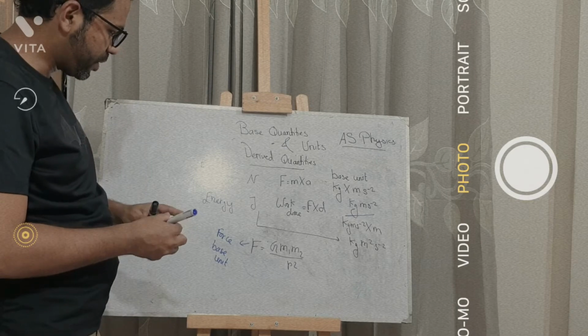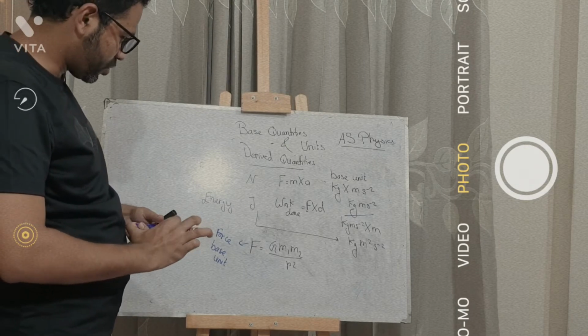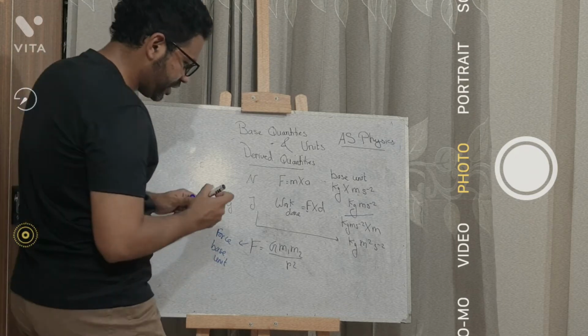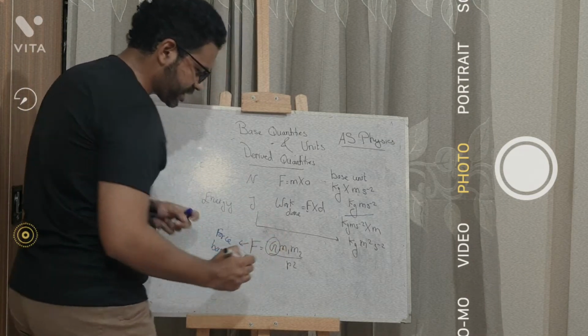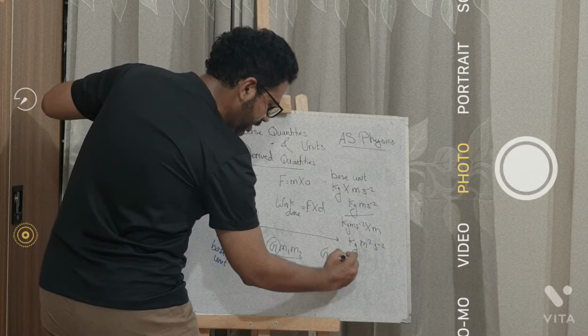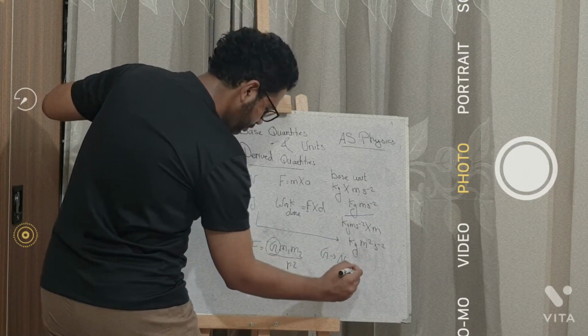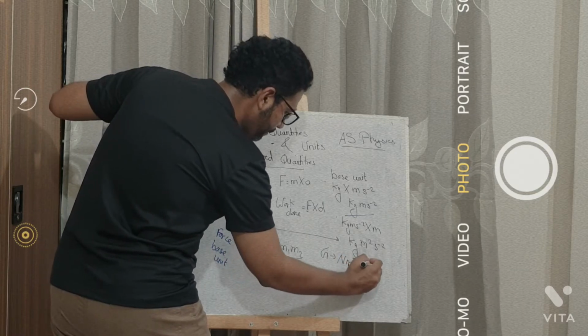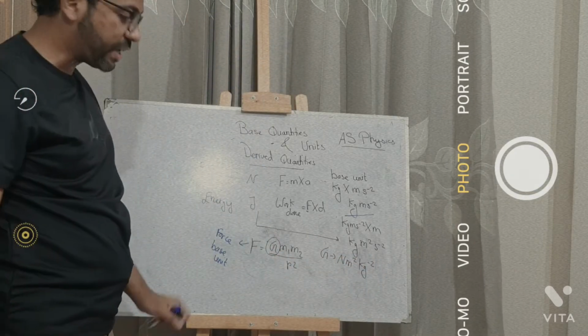Now some of the information will be given to you. Okay, so let's say the unit of G. G here is a constant. We don't know what G represents, but the unit of G will be given to you in the question. So which is given Newton meter square per kg square. This is given in the question.